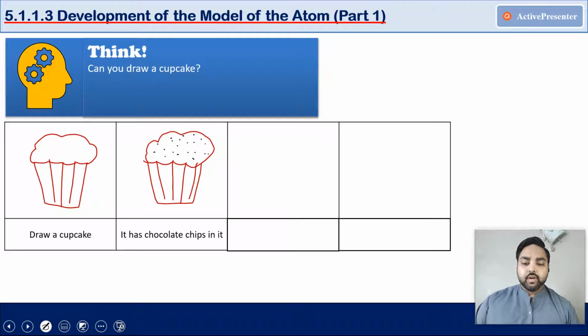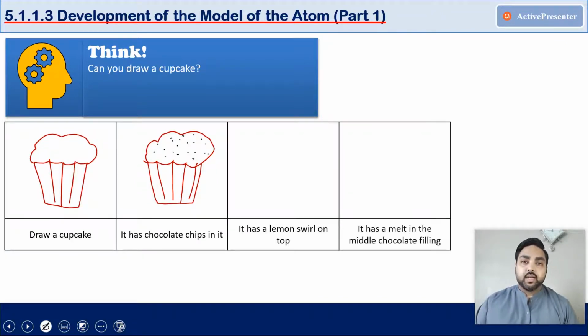Now, more information. In addition to having chocolate chips, it has a lemon swirl on it. How would you change your diagram? And then in addition to having a lemon swirl on top, it also has a melt in the middle chocolate filling. Clearly, every time I've given you more information, you've taken what's already there and added to it. You wouldn't necessarily draw a completely different design of cupcake.